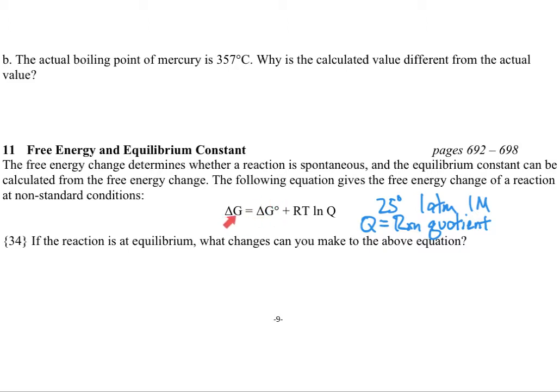Meanwhile, delta G without the superscript 0, that's what I like to call the chemist's delta G, because we can come along again and manipulate the temperature a little bit, manipulate pressures or concentration, and based on those experimental manipulations, we would get our experimental or chemist's delta G. And what we're going to find is that there's only so much manipulation we can do.